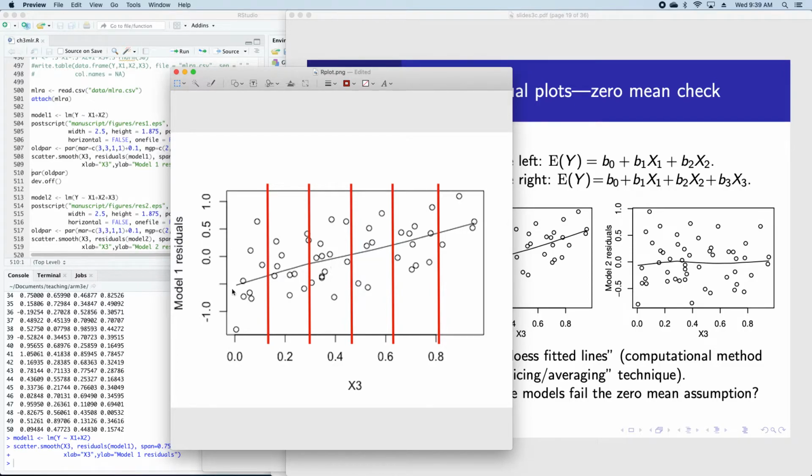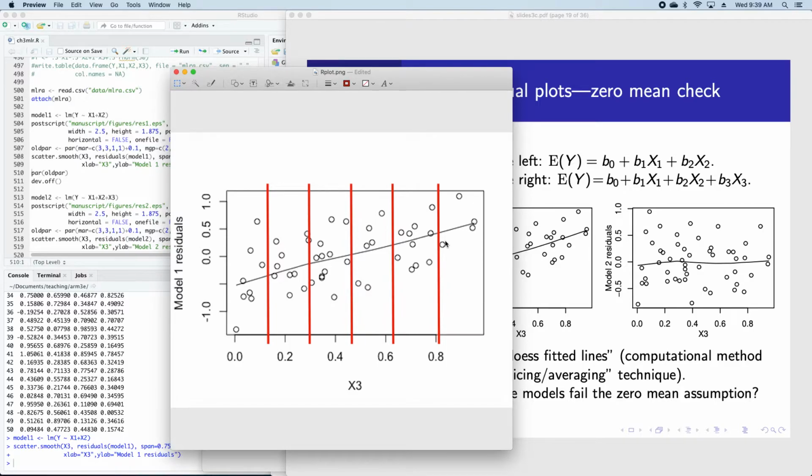So this LOESS smooth is doing that kind of slicing into bands and considering the average residual, but it's doing it in a transparent way. It's using fairly sophisticated modeling, but it's doing what our eyes are also doing. So this is how that LOESS smooth helps us assess the zero mean assumption.